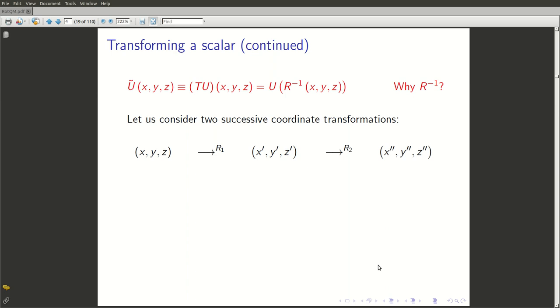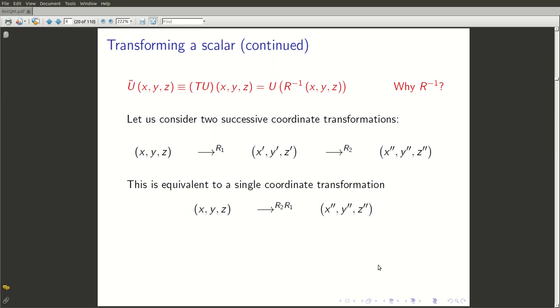Now of course I can think of these two successive transformations as a single transformation, one which takes you directly from xyz to x double prime, y double prime, z double prime, and that single transformation is what we call R2 R1. Note, in our notation R2 R1 means R1 gets to act first, then R2 gets to act.